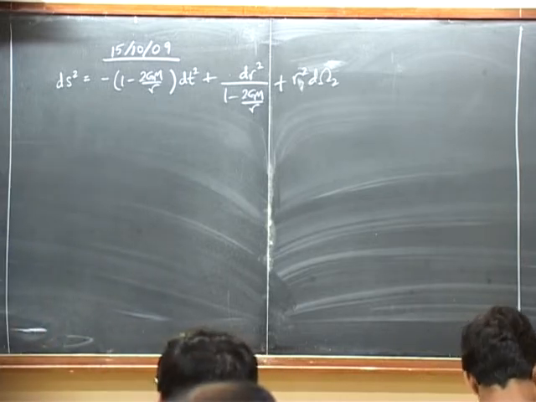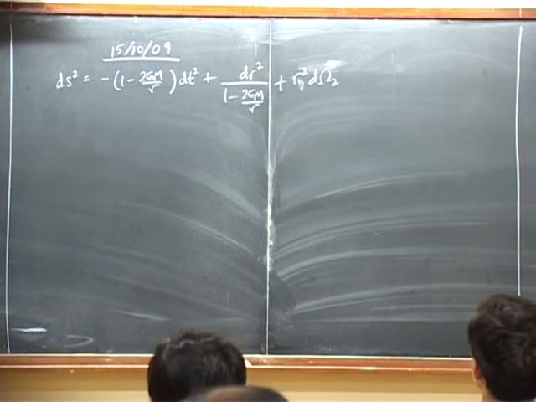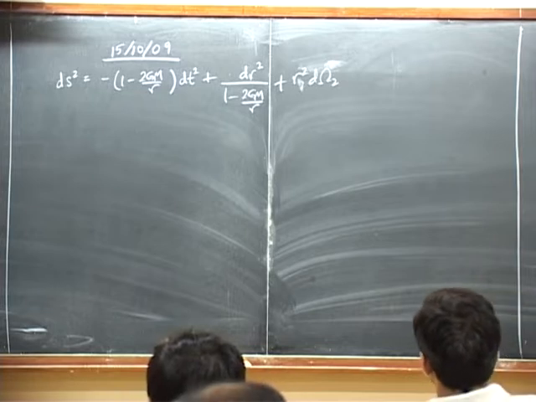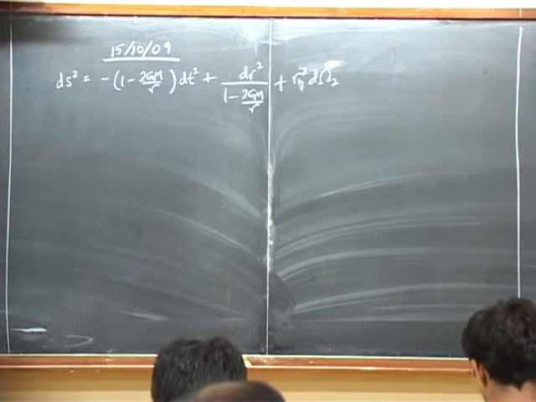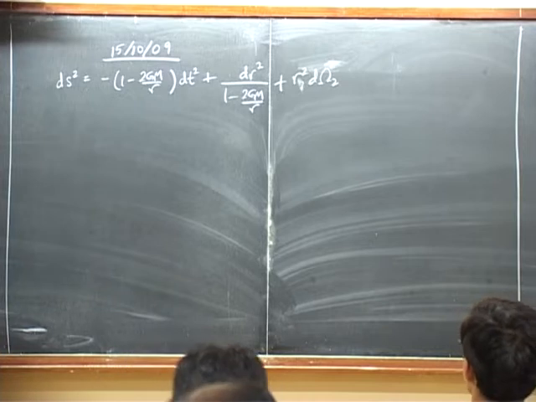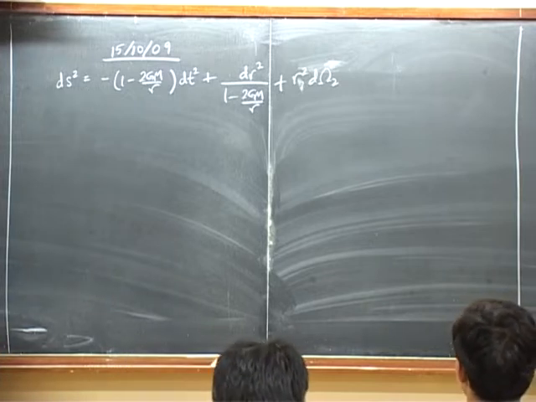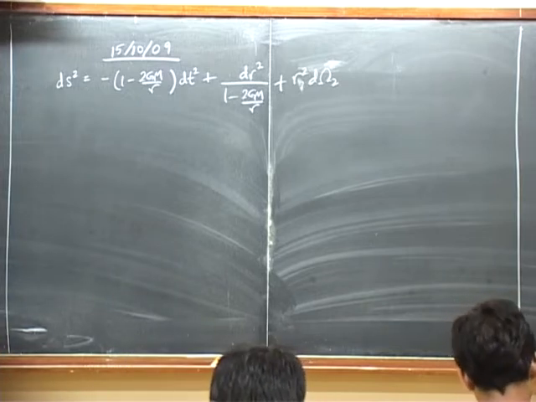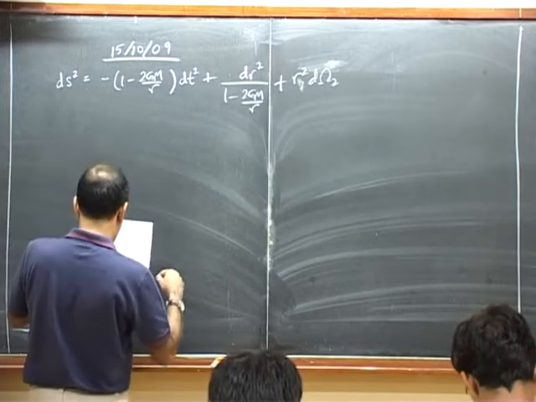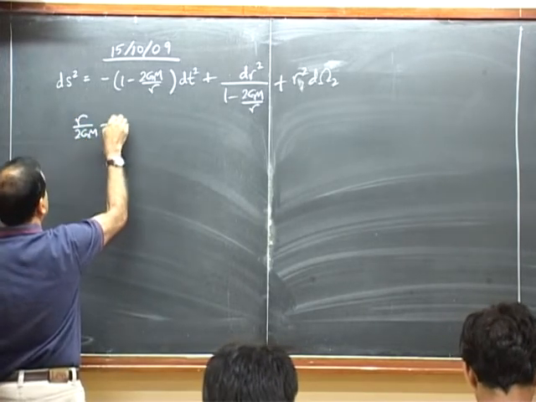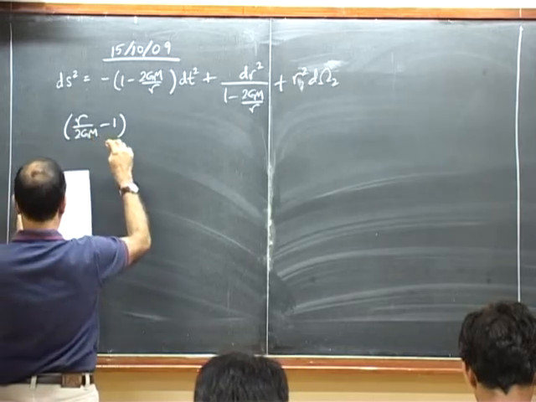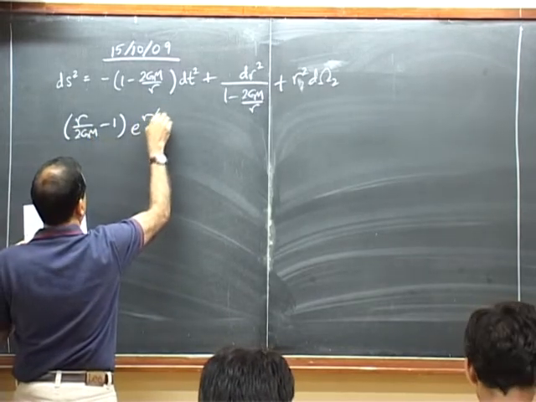And what we found by a certain amount of analysis was that there is a new set of coordinates called Kruskal coordinates, which bear the following relation to r and t of this metric, and that relation is that (r/2GM - 1) e^(r/2GM).